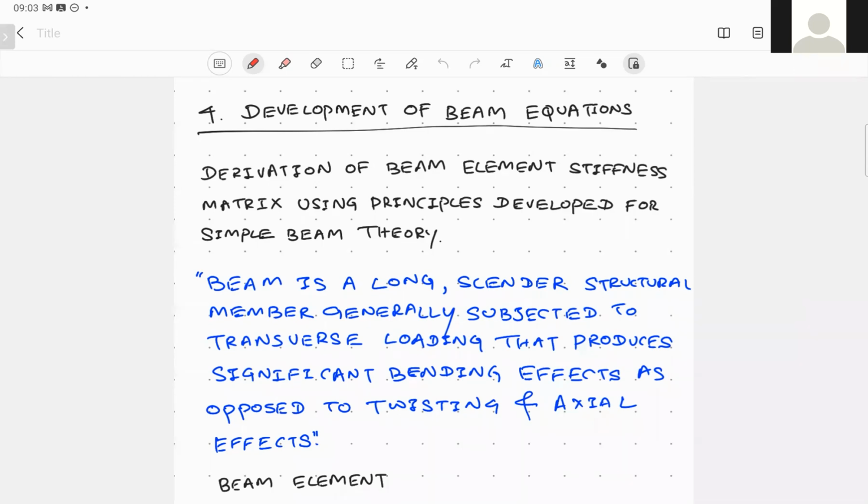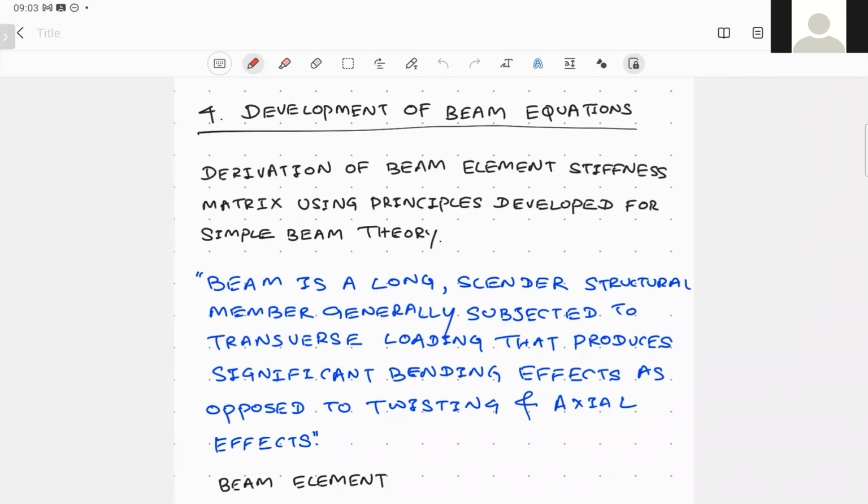Within this section, we will first be developing the element stiffness matrices for a beam using principles developed for simple beam theory. I will not go into details because you can recollect, and you can go through the references and access the relevant derivations.